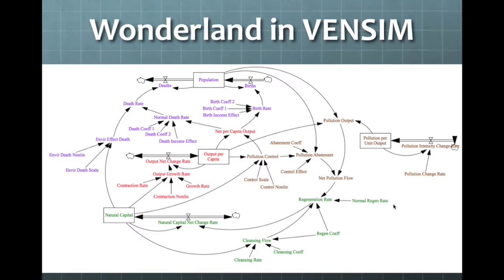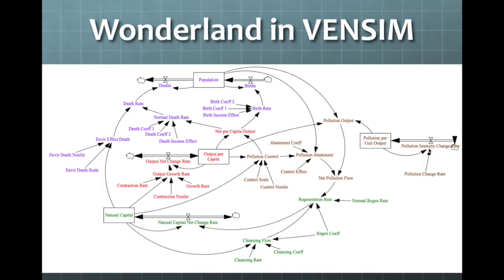I think the other thing that I'll mention is one of the nice things that was done in this model, at least in the VENSIM implementation, is the use of different colors to identify variables that are associated primarily with one of the stocks. So purple variables in equations are with population, reds are with output per capita, greens are with natural capital, and brown are with pollution.